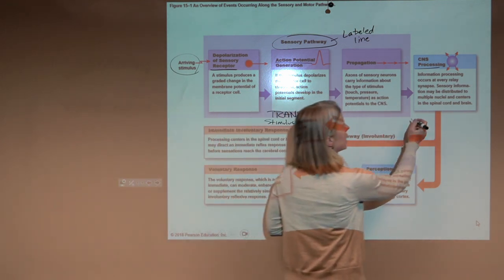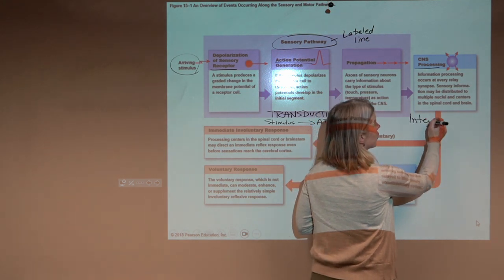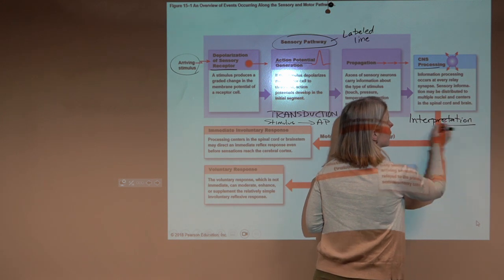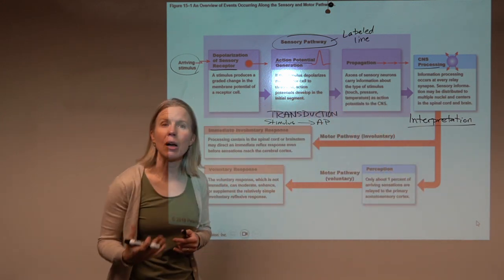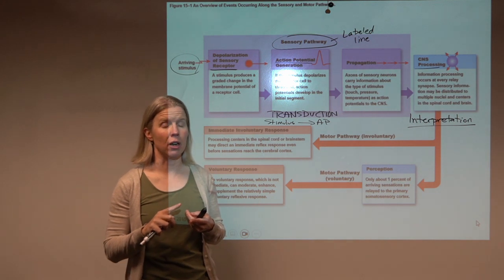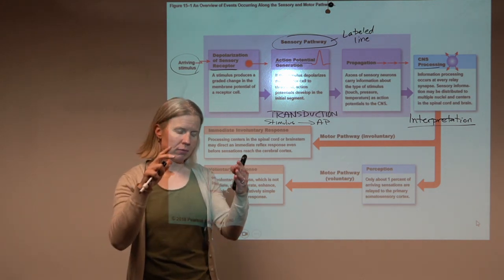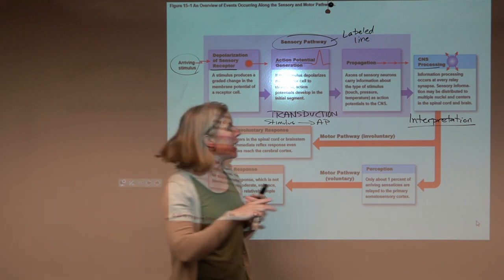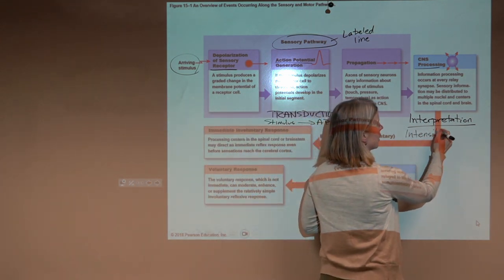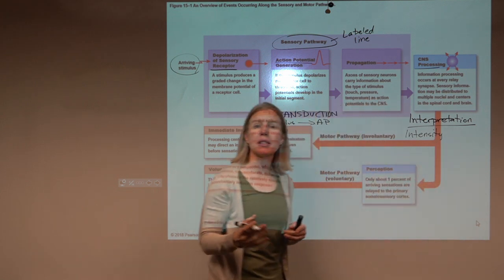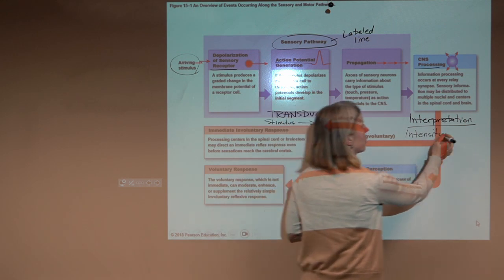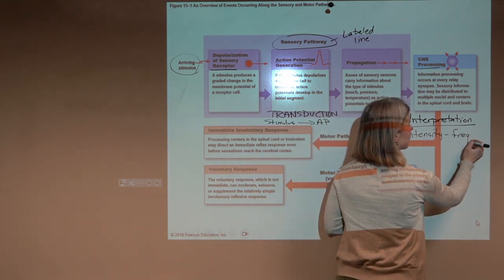Just to point out here in this processing, how the brain interprets this incoming information has a couple different pieces, right? So it is going to determine the intensity of the stimulus based on the frequency of the arriving action potentials.